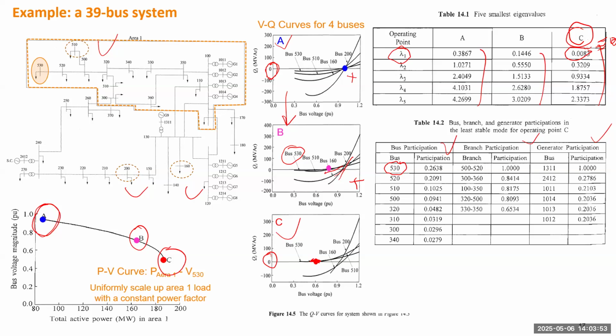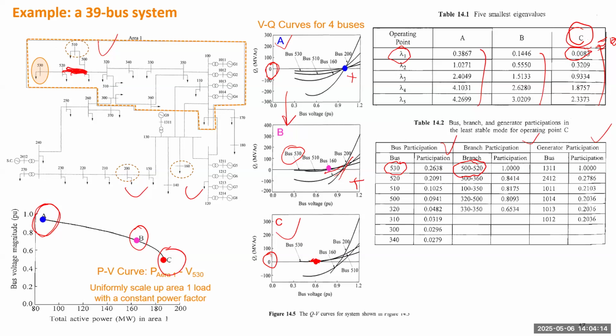For the branch participation factor, the top one will be 500 to 520, which is this one. Which means any contingency on that branch will more likely cause voltage collapse.